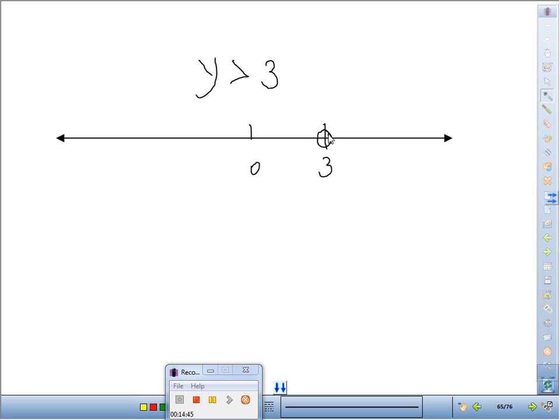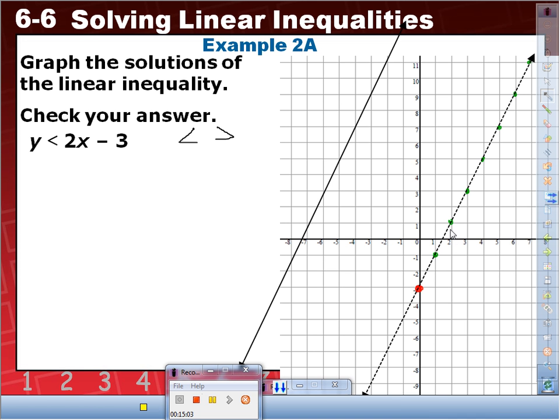Why open point? Because it does not include the 3. And then we graph everything to the right. However, what did we say if it had an equal sign? It's a solid point, which means it includes that point. So let's look at this. If this does not have an equal sign, it's a dotted line because it does not include all those points.